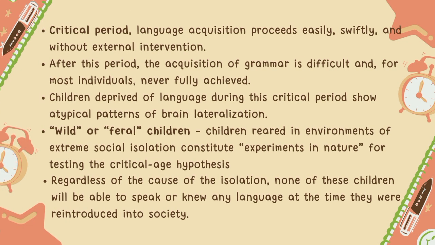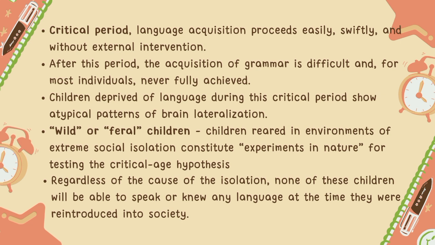So, in the critical period, language acquisition proceeds easily, swiftly, and without external intervention. During the critical period, which spans from birth to early childhood, children learn languages easily and quickly. This process happens naturally and doesn't require much external intervention.